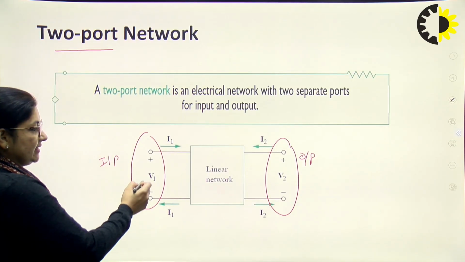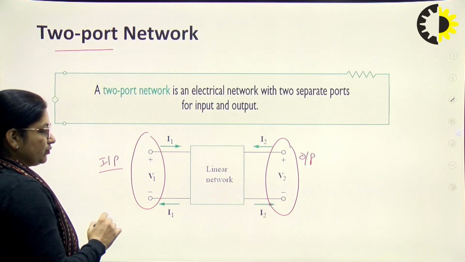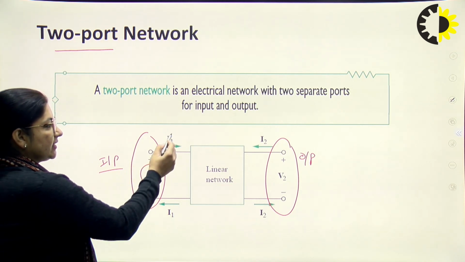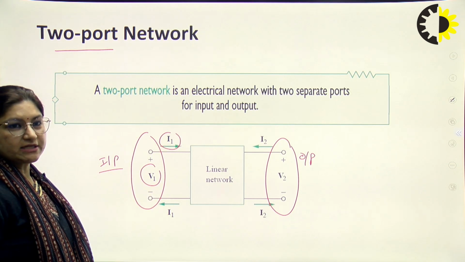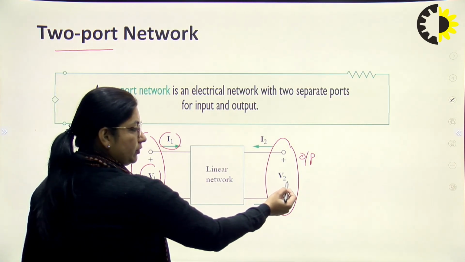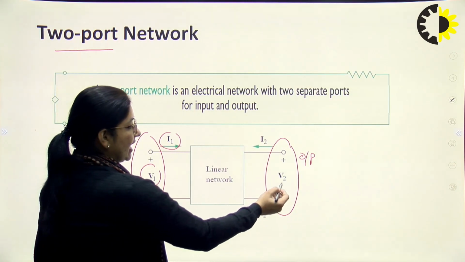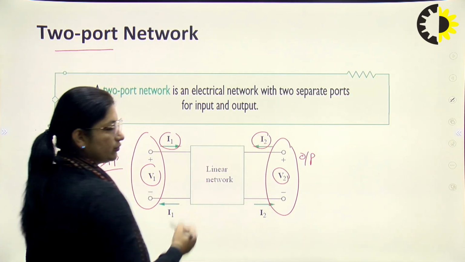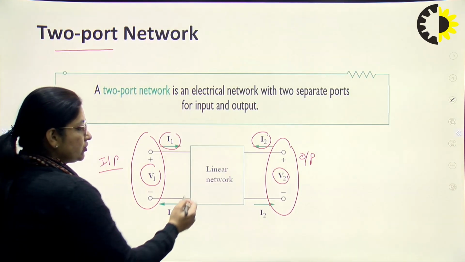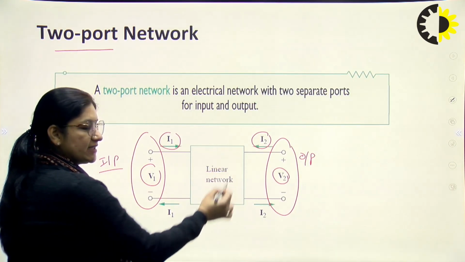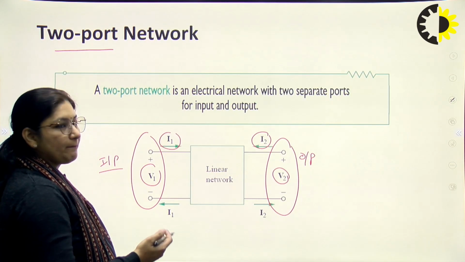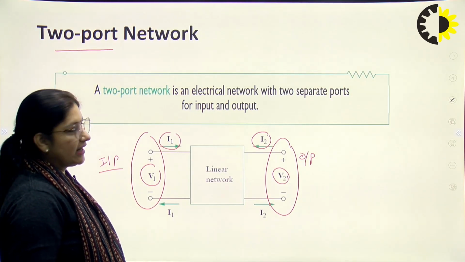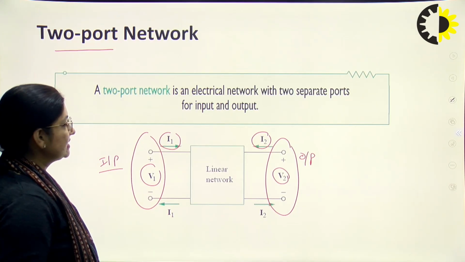So this is the input port, having voltage V1 and current I1, which are the input voltage and input current, and the output port, which is port 2, having the voltage V2, which is the output voltage, and current I2, which is the output current. Inside this linear network, there can be a combination of capacitors, resistances, any electrical element.